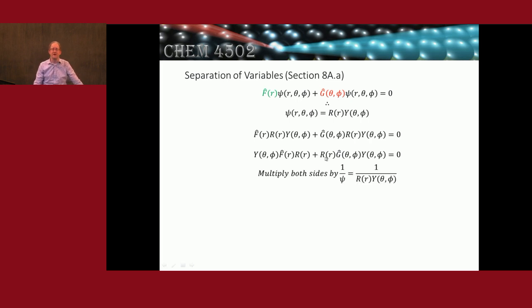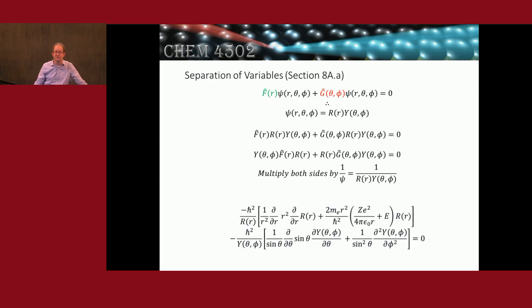If we then multiply both sides by 1 over the wave function, so multiply by 1 over psi in this separated form, we get the following. We get a set of operators acting on R of r, and we get operators acting on Y of theta and phi, where these are angle only, these are radial only.